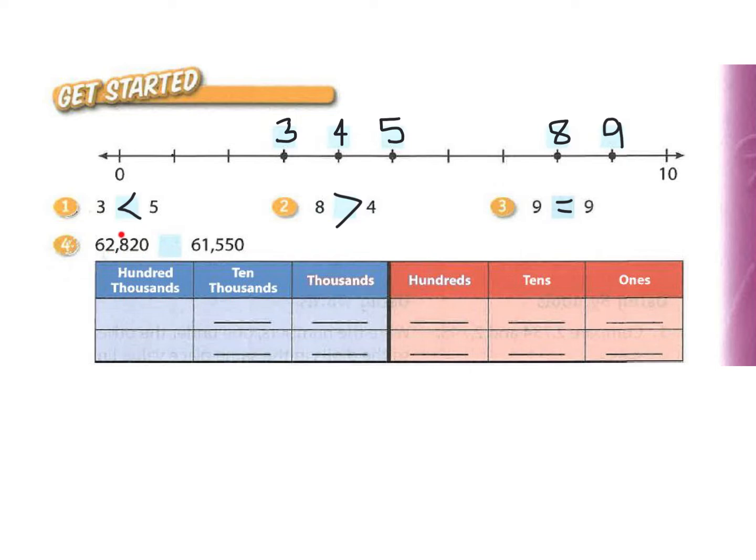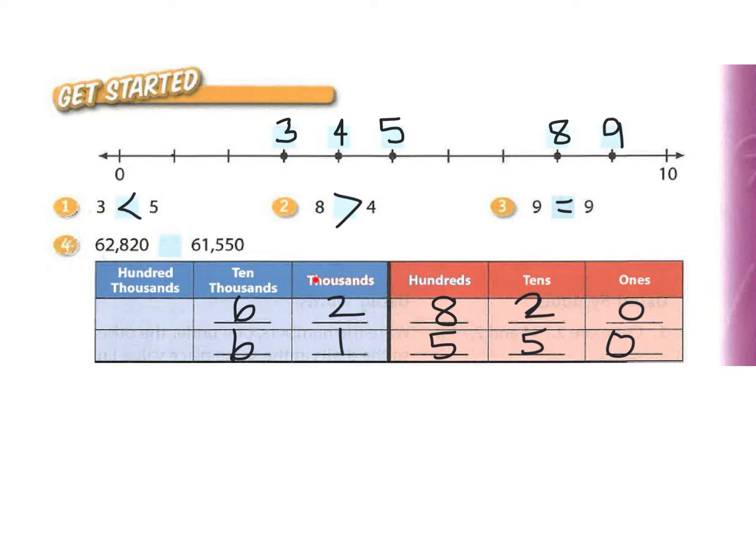Now we're going to compare these two numbers, and we're going to put it into a chart first. So the first one is 62,820. And then the next one is 61,550. Well, we can see that they both have a 6 in the 10,000s.